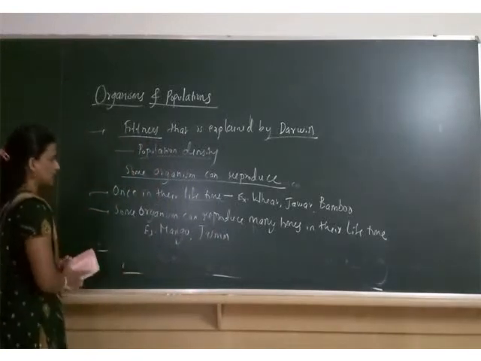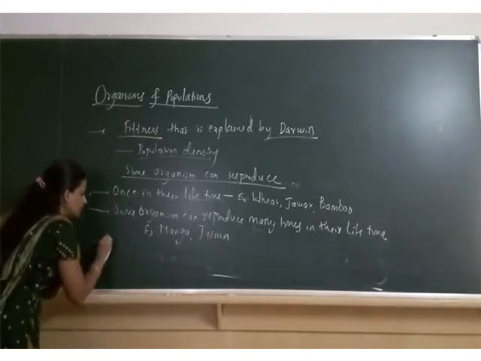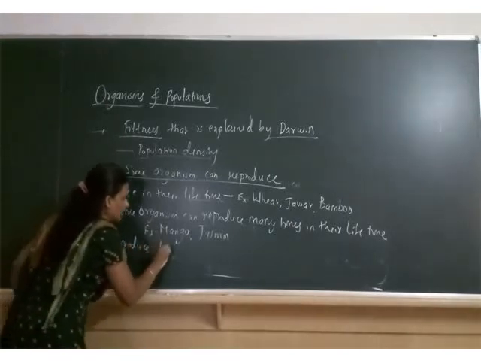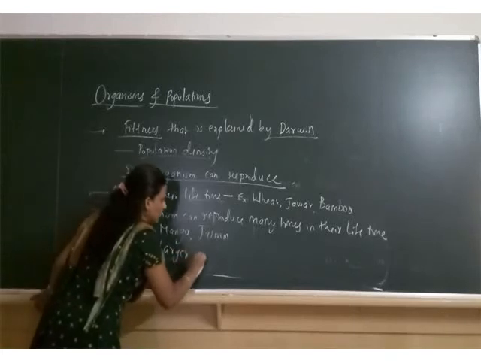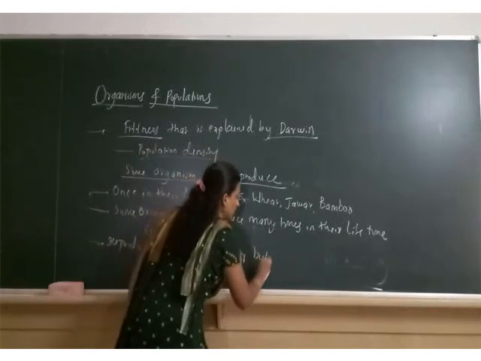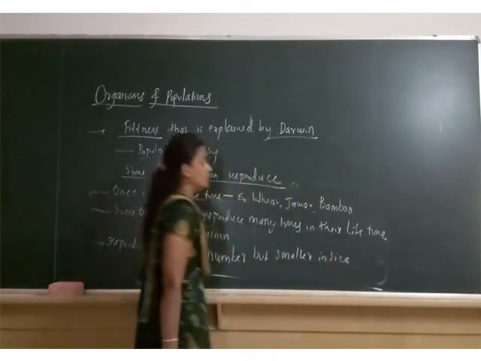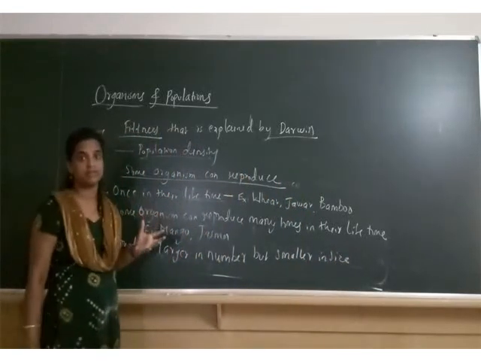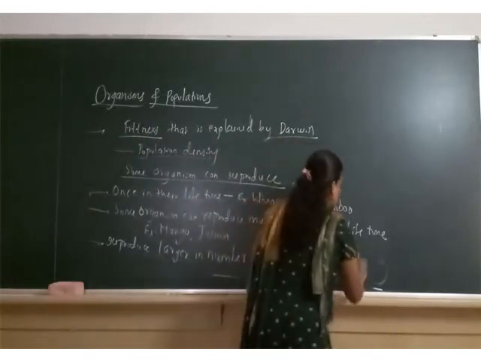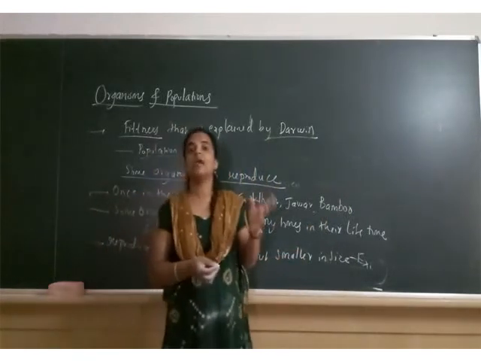Some organisms can reproduce larger in number but smaller in size. For example, a frog or a silk moth lays 300 to 400 eggs at a time.